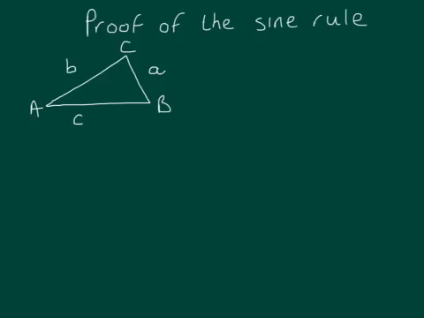We then need to drop a perpendicular from angle C to side C. We label this perpendicular with the letter H, for height perhaps, and then we can apply basic trigonometry.